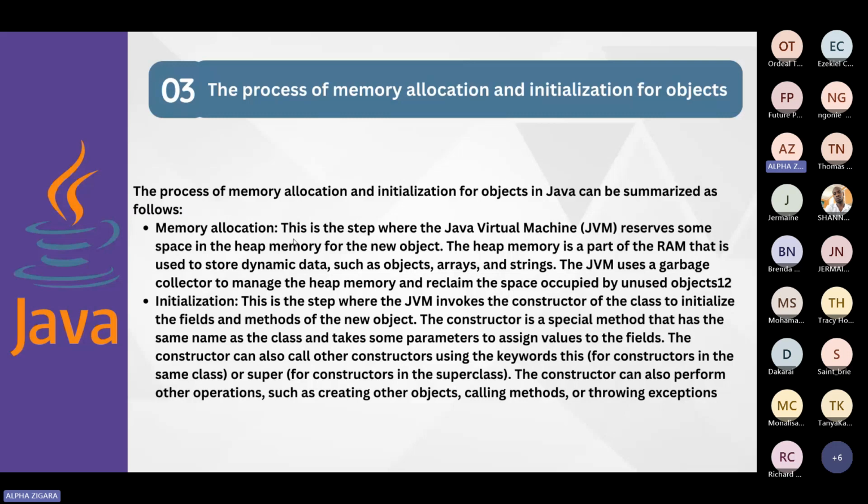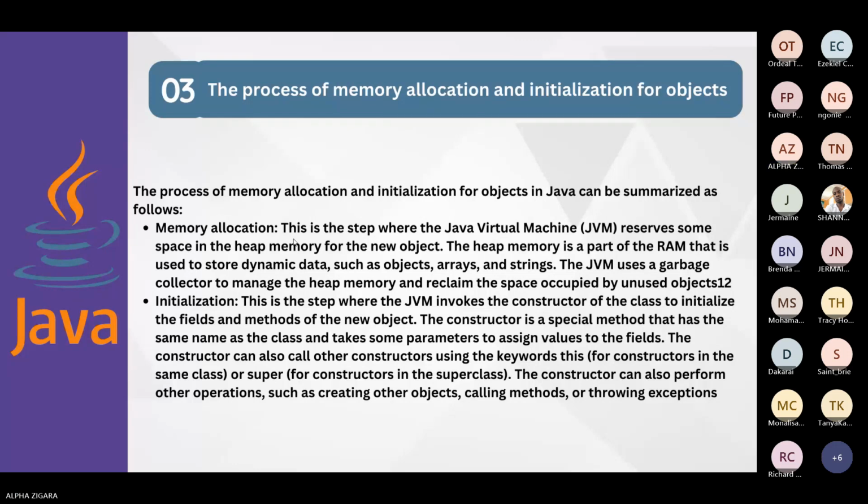Then the Java virtual machine uses a garbage collector to manage the heap memory and reclaim the space occupied by unused objects. Unlike in C++, here the Java virtual machine deallocates the memory on its own when it's no longer needed. In C++, we had to deallocate manually.